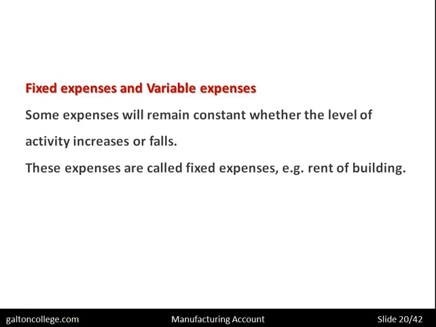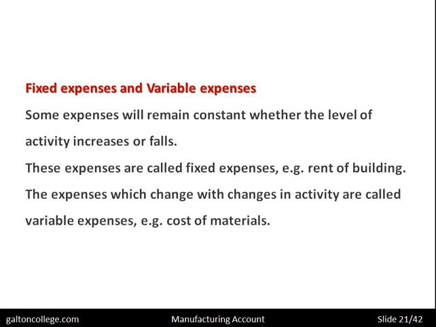So it's a fixed charge. These expenses are called fixed expenses, as I said, but the expenses which change with changes in activity are called variable expenses. For example, the costs of raw materials. So we have fixed and variable expenses.